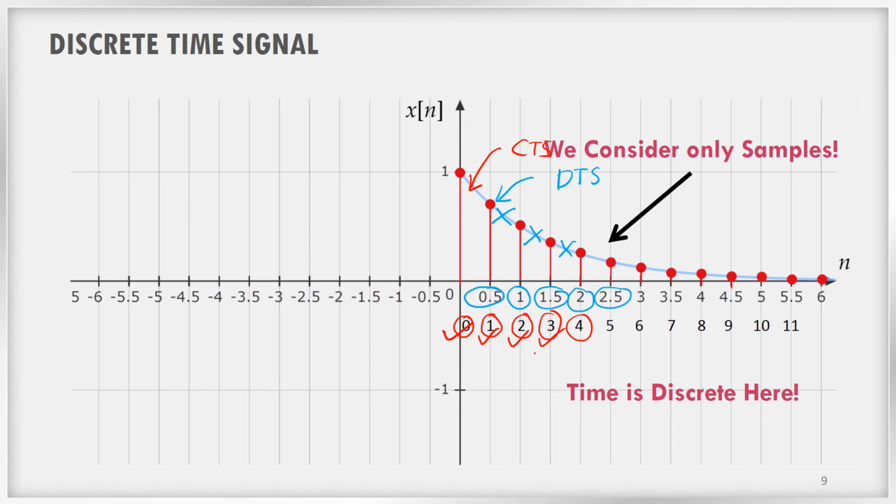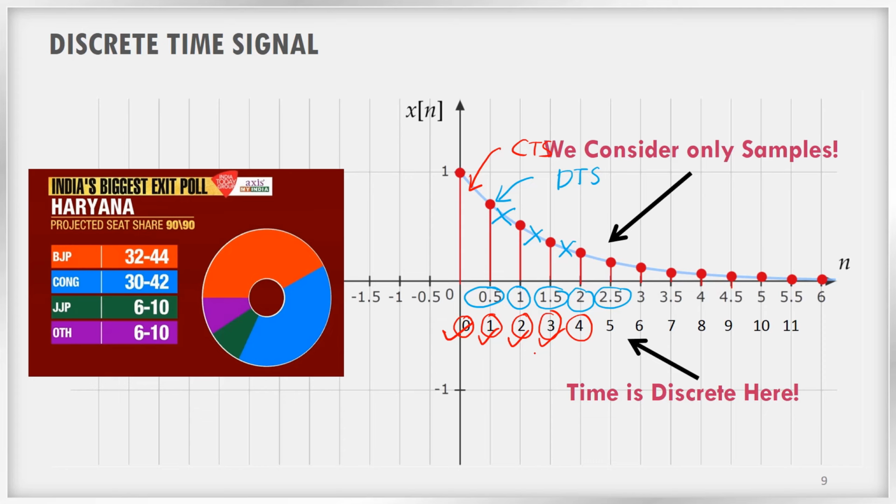They will take only a day basis, right? So the bank is actually sampling the account statement every day. Stock market values are also best examples of discrete time signals, right? And this is achieved by sampling a continuous time signal.